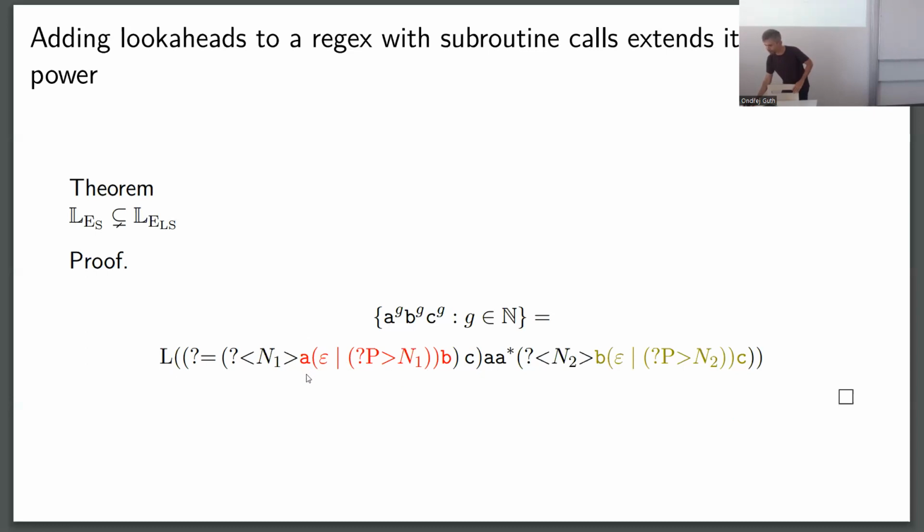So then I can repeatedly match some number of A's, and start going into some recursion. And when I return from that recursion, I need to match the same number of B's as A's before.